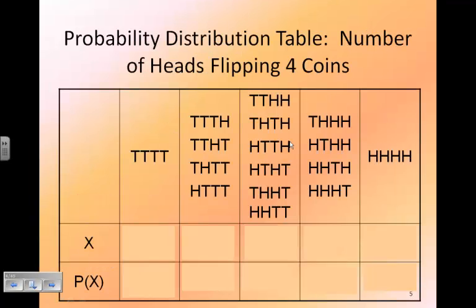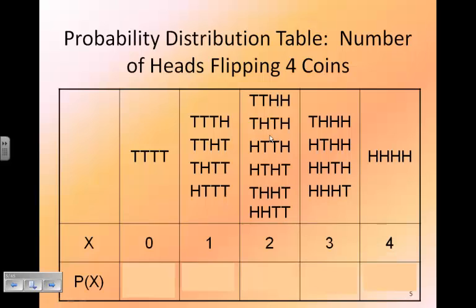So here's an example of a probability distribution. If we flip 4 coins, we want to count the number of heads. We would make a listing like this. So you can see the sample space up here, that has all the different coin tosses, and then x: 0 heads, 1 head, 2 heads, 3 heads, 4 heads, and you can write this on your paper.